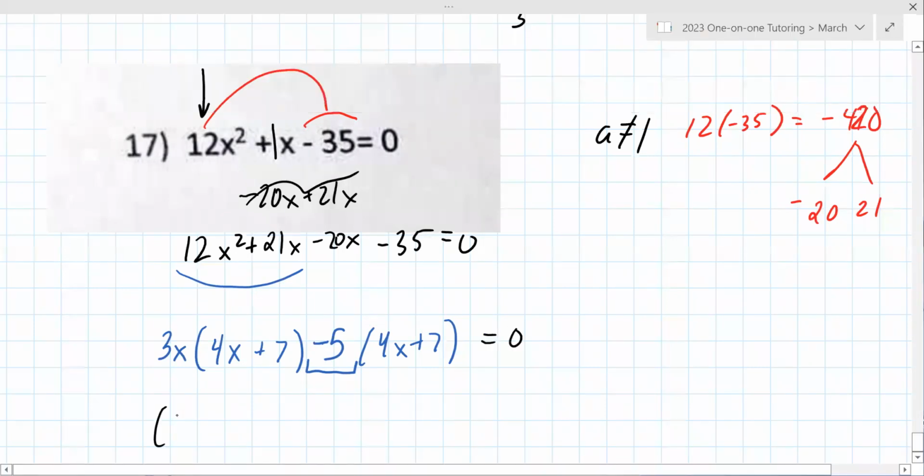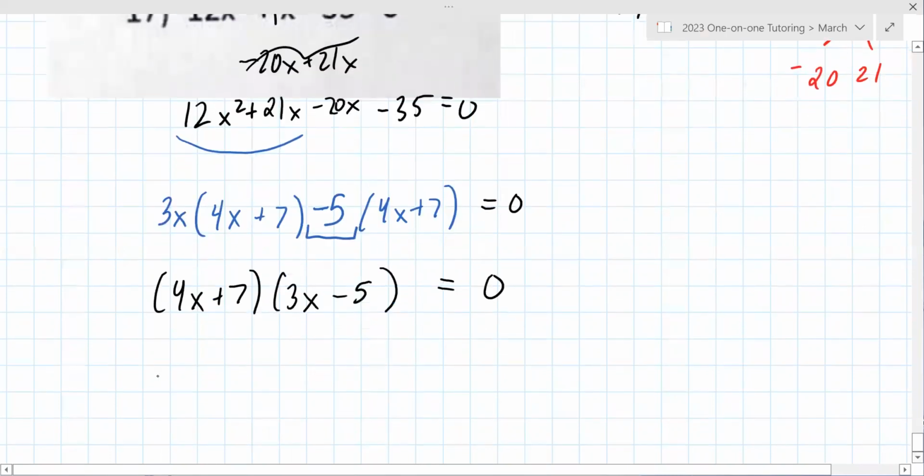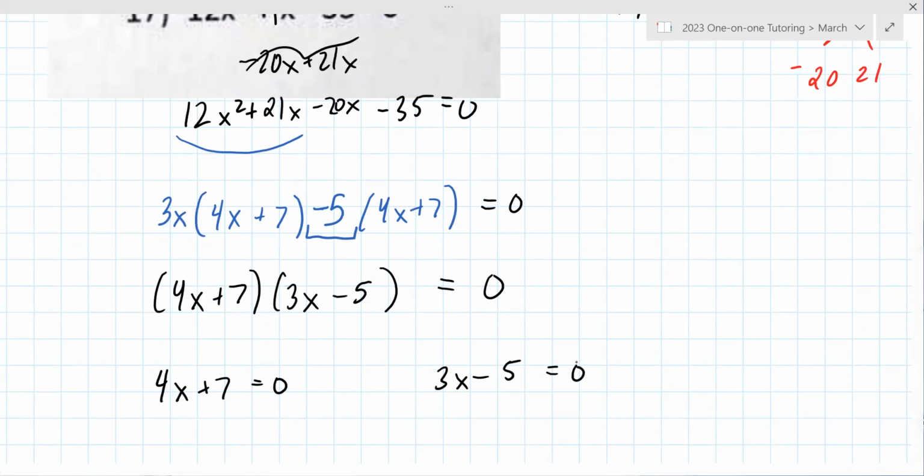So now you factor again: 4x plus 7, 3x minus 5 equals 0. And you set these both equal to 0. Go ahead and solve those and let me know what you come up with. I got x equals 5/3 and x equals -7/4.